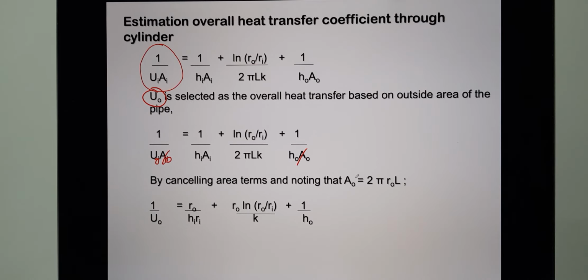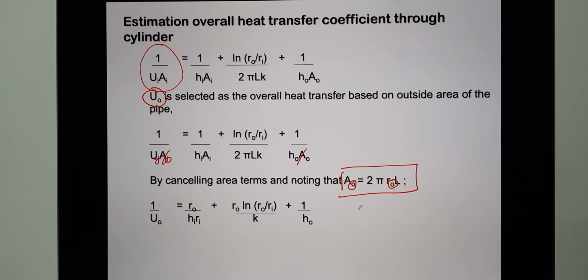when we want to calculate it, is 2πR_0 L. This is how you calculate the area for a cylinder. When we talk about the outer area, you need to use the radius for the outer area. It must be in pair together.